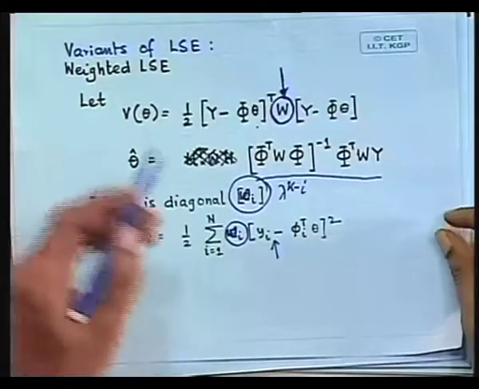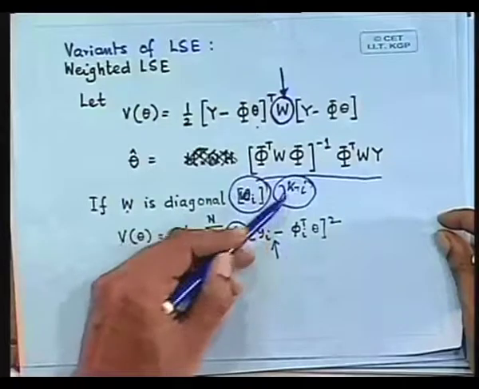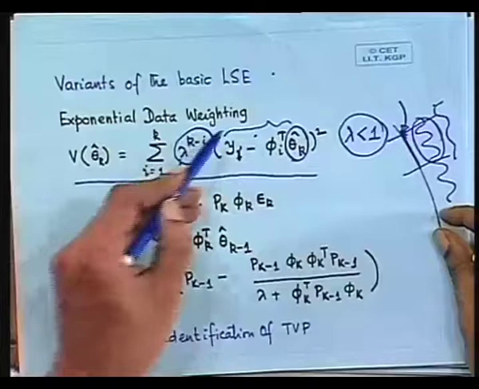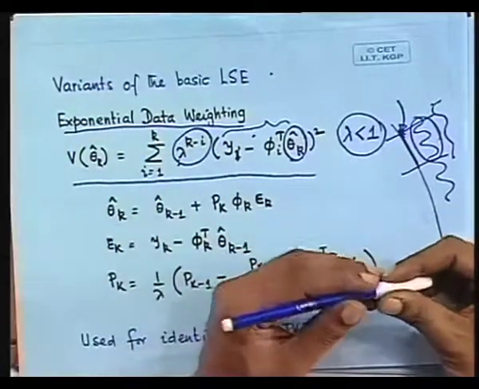Correct. So since this is an exponential, this kind of a strategy is called exponential data weighting, sometimes called exponential forgetting, because you forget the past at an exponential rate.